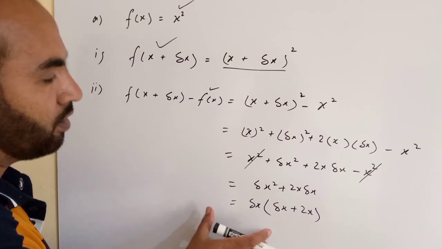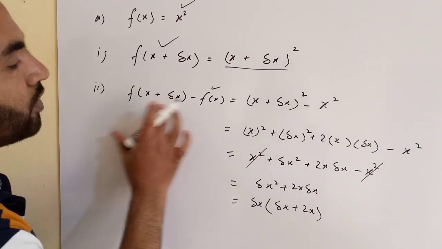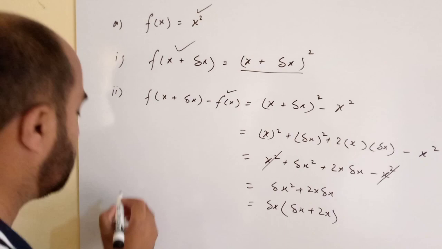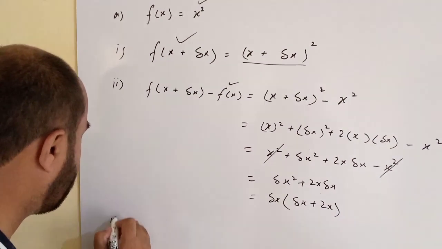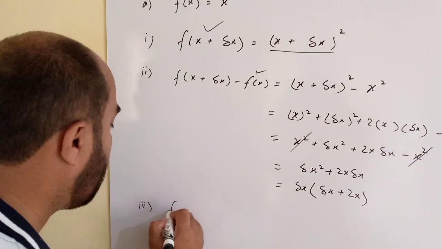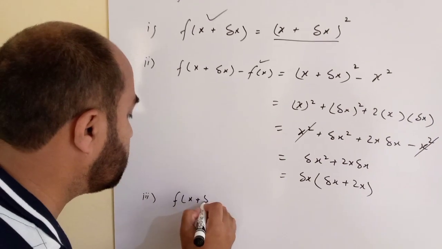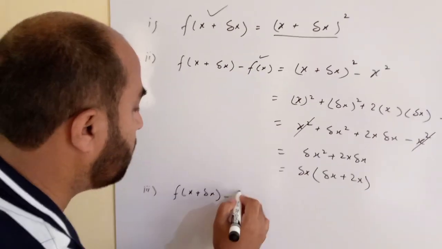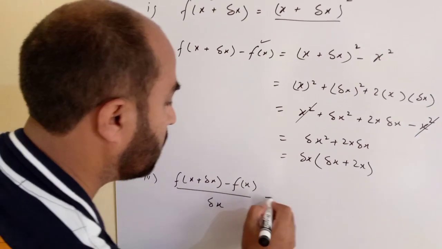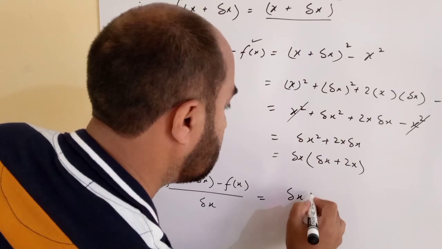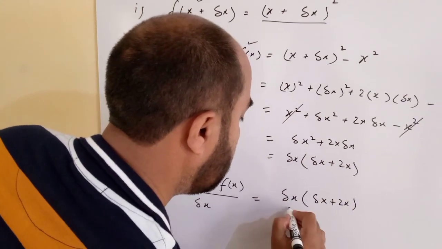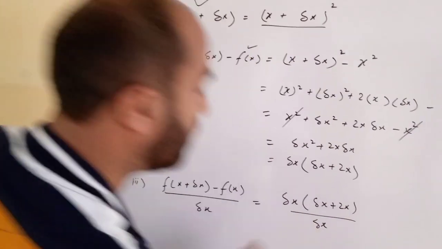In step 3, we have to divide this term by delta x. So f of x plus delta x minus f of x is divided by delta x: delta x times delta x plus 2x, divided by delta x.